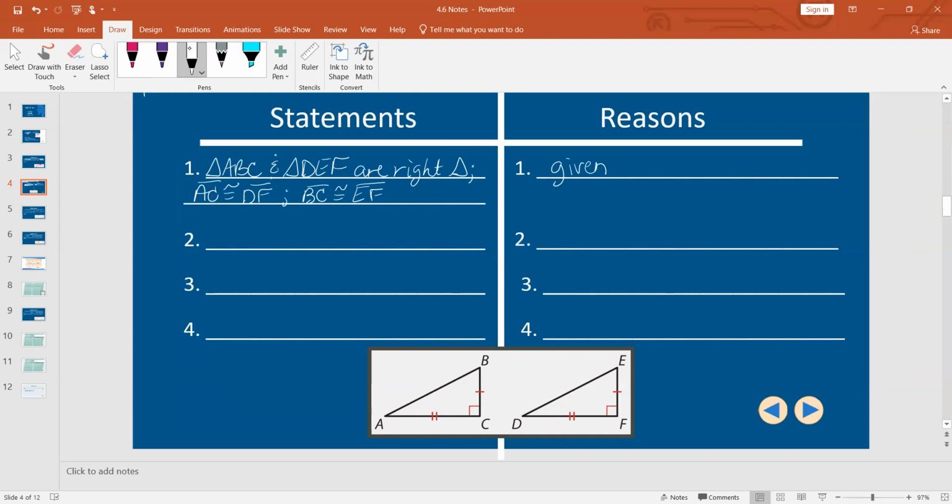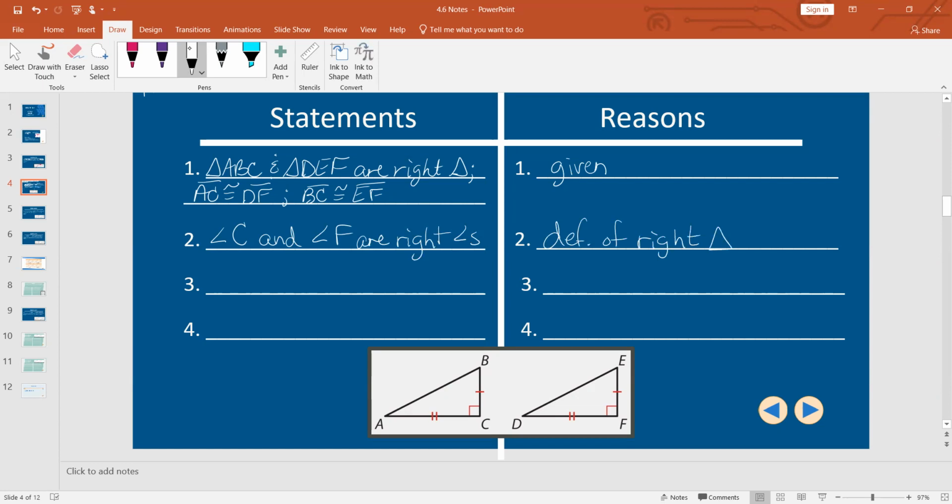So they've told us that our two triangles are right triangles. So what we have to do is, okay, if they're both right triangles, that means they both contain a right angle. What is it? Well, I know angle C and angle F are labeled as right angles. So I use the definition of right triangles to state this.